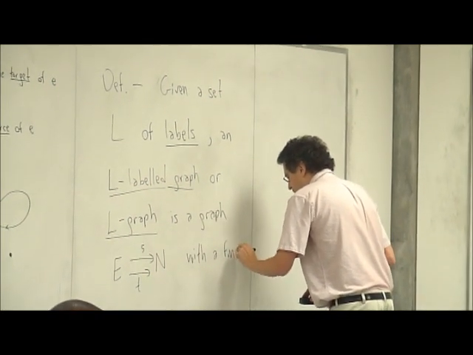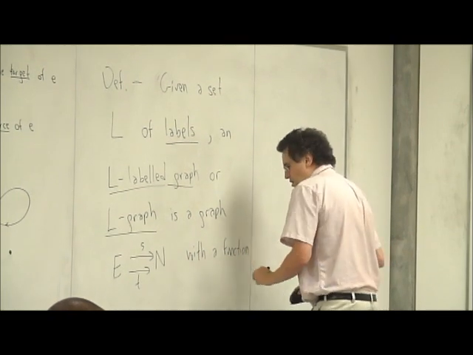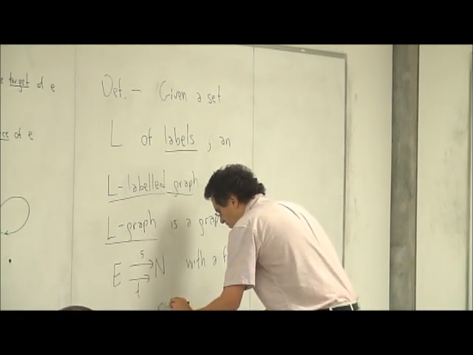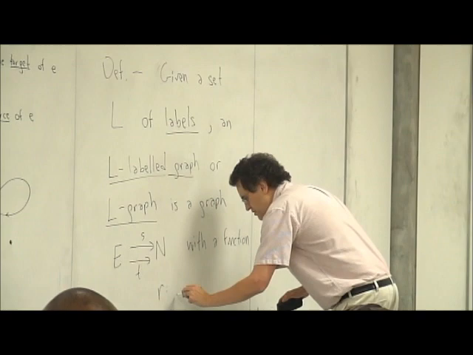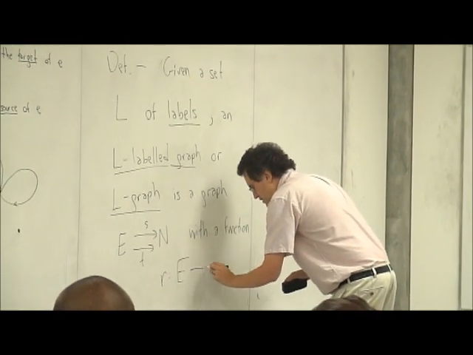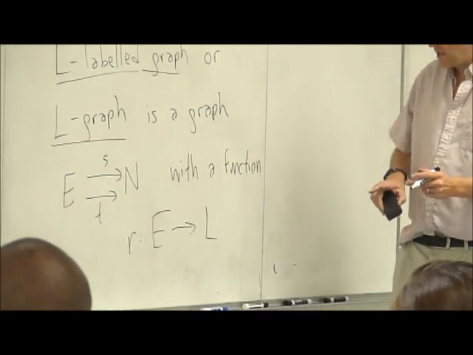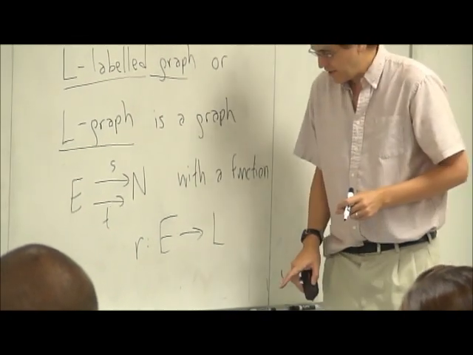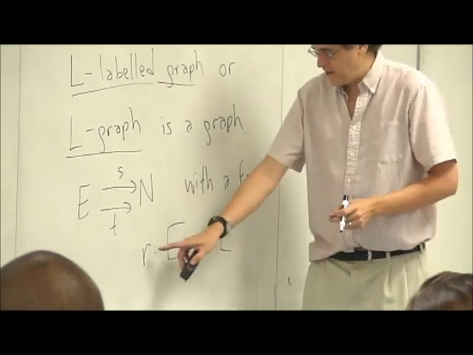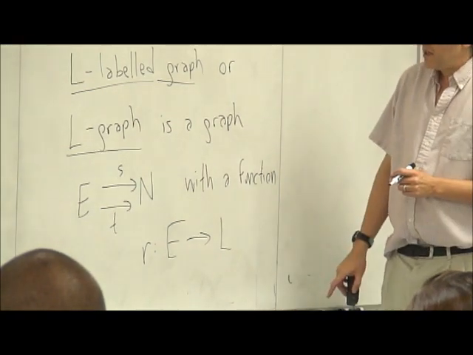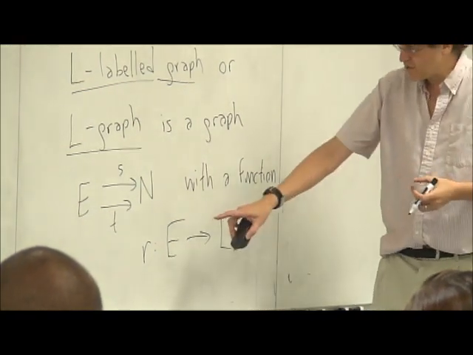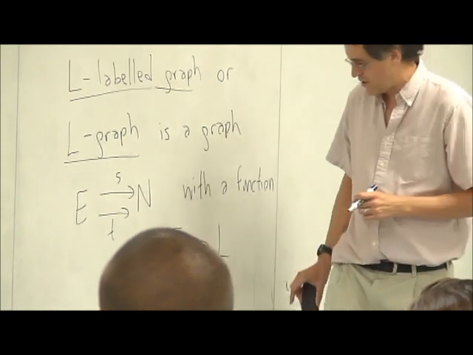And then we just want another function, which I'm going to call R for some stupid reason, going from E to L. So each edge gets a label in the set L. I was going to call that L for label, lowercase l, but in our application it's going to be the resistance of a resistor.